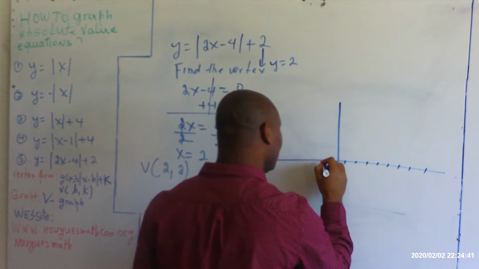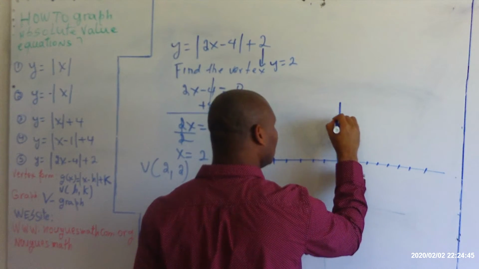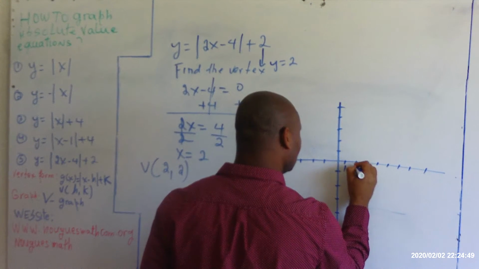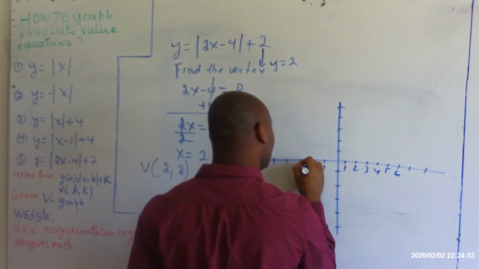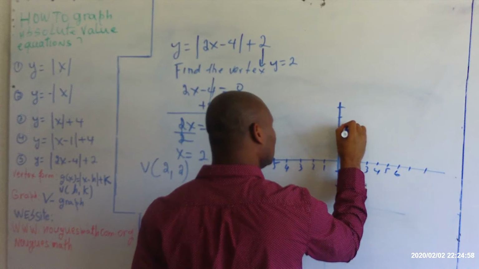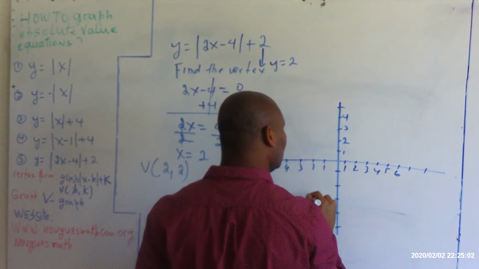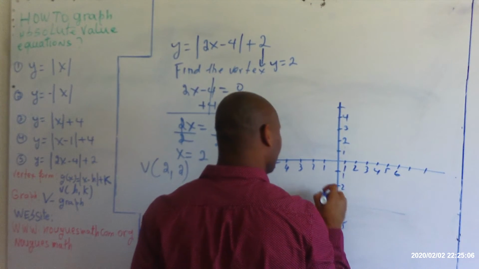We're going to have a very nice graph. Very nice graph. 1, 2, 3, 4.